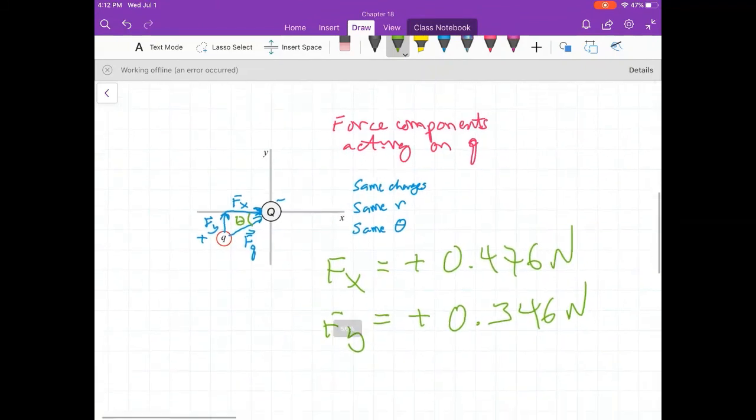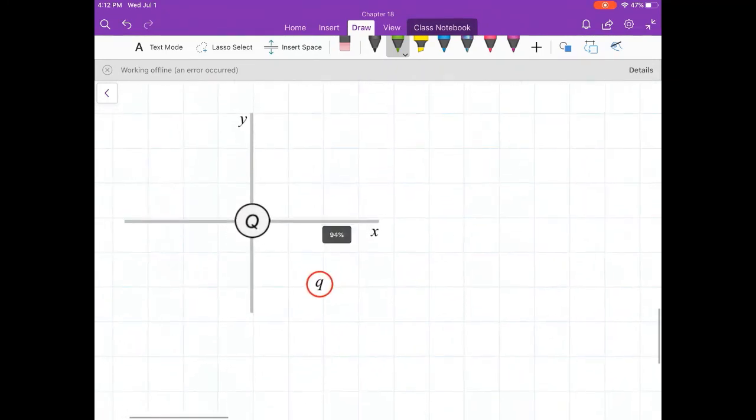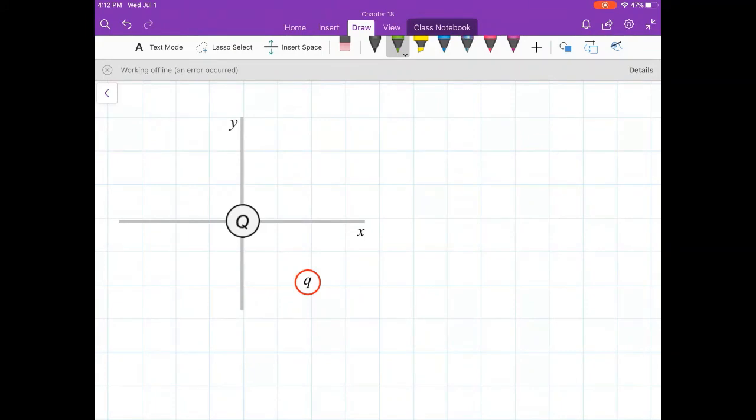One more example just to illustrate. What if it looks like this? This picture here. Once again, negative charge, positive charge. Now, I could give you a problem with two negative, two positive, but this is to illustrate. So once again, there's the attractive force acting on Q. The components of this thing, I can draw it like this. There's the Fx.